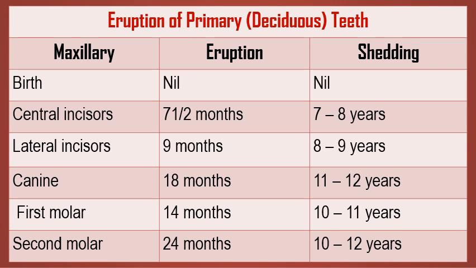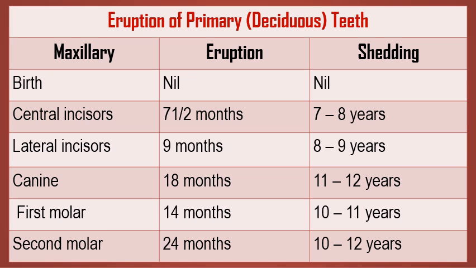If you see the eruption time period of the primary or deciduous teeth, first we'll start with the maxillary teeth. By birth the child has no teeth at all, and central incisors will erupt at around 7.5 months, and the shedding time period is around 7 to 8 years of age.